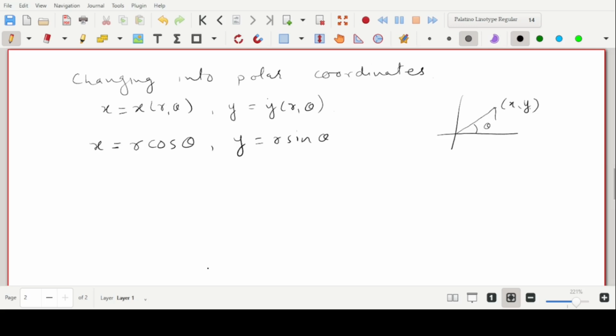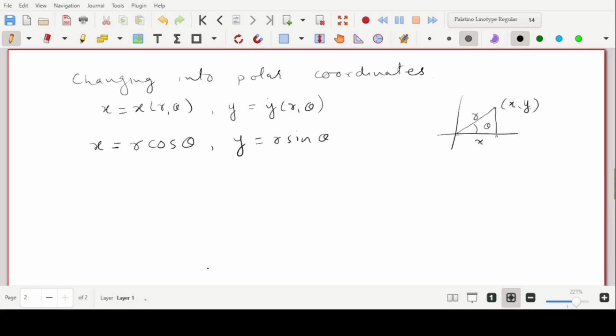If this is r and this is theta, and we drop a perpendicular from point xy onto the positive x-axis, that gives us a right angled triangle, and this length is equal to the x coordinate of this point.